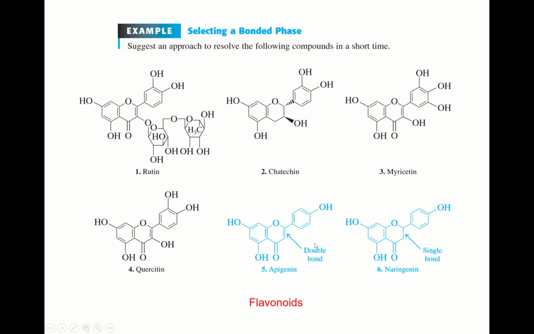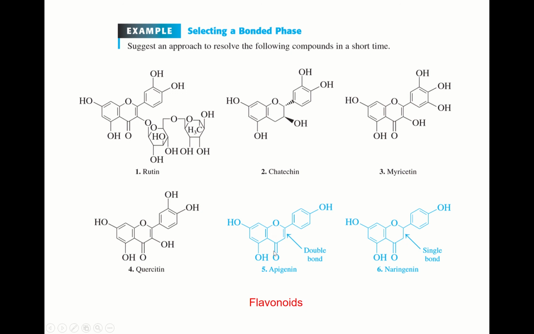Although the structures are quite similar, look at this part, apigenin. Here is a double bond, single, double, single, double, single. That kind of structure is called a pi structure. So electrons here are delocalized in this middle ring.